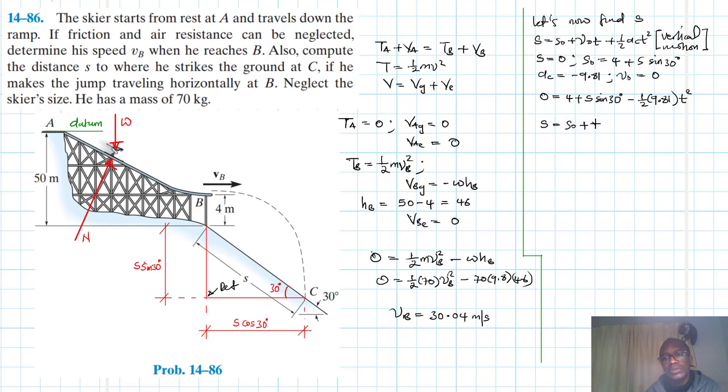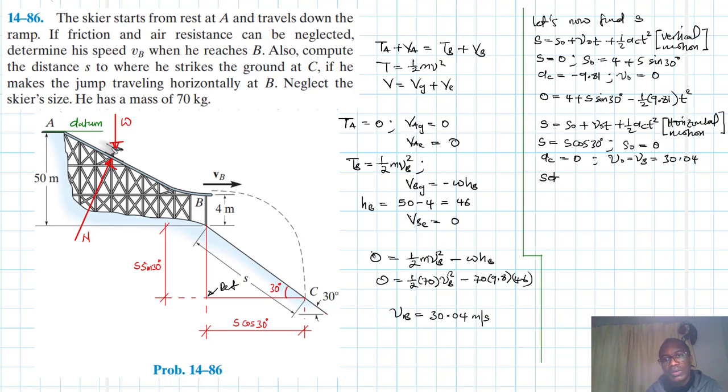S is equal to S naught plus V naught t plus half AC t squared. Then for horizontal motion, our S is going to be equal to S cos 30, our S naught is equal to 0, AC is equal to 0, and V naught is equal to VB, which is 30.04.